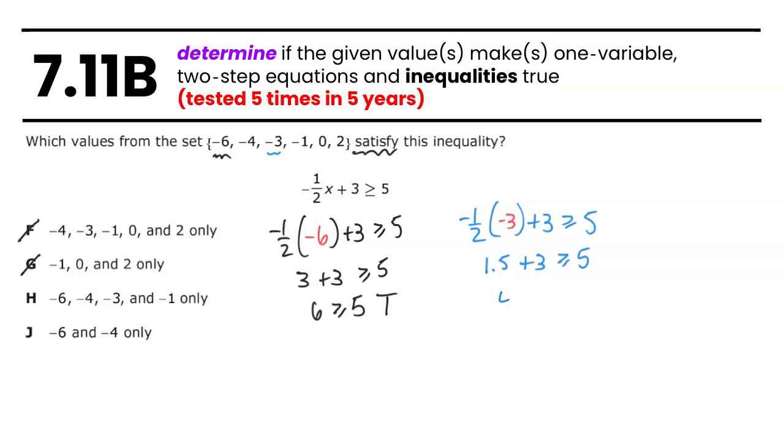And so what we get on the left-hand side is 4.5, and we want to know, is that greater than or equal to 5? Well, no, that's not true. That is actually a false statement, and so -3 does not satisfy the inequality, which means that it cannot be on the list of values, and so therefore the correct answer is J.